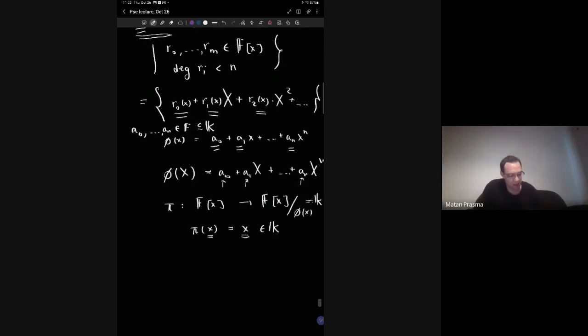Now, I view this pi x as an element in k, and as an element in k, I can substitute it into phi with capital X. It means that I do phi of pi of x.